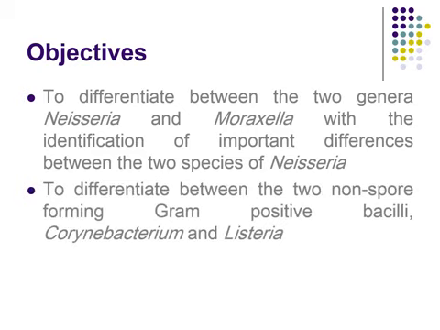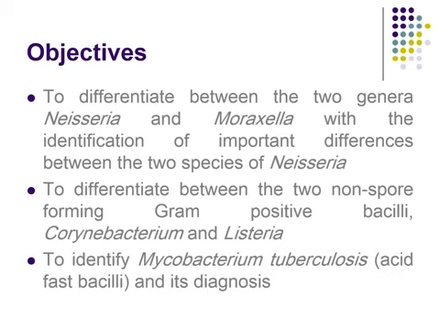In addition to that, differentiate between the two non-spore forming gram-positive bacilli, which are Corynebacterium species and Listeria, and identify tuberculosis, which is an acid-fast bacillus, and how we can diagnose this bacteria.